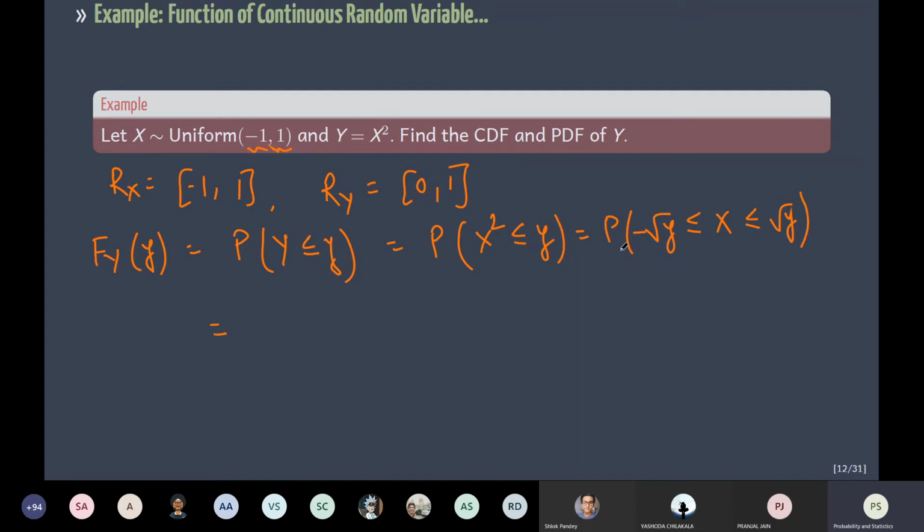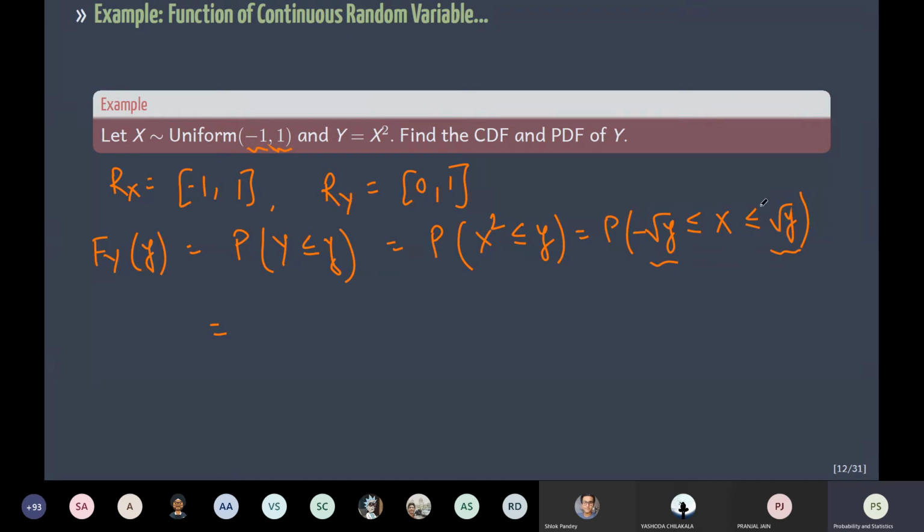And since x is uniform now, the random variable is bounded between some lower end and some upper end, and we know that it follows a uniform distribution.